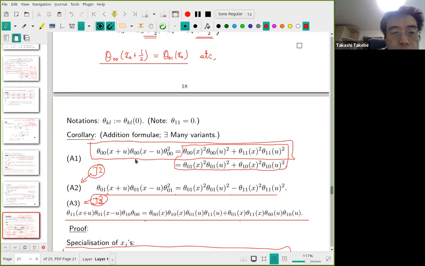For example, this gives theta 0, 0 for x plus u times theta 0, 0 for x minus u can be expressed in terms of theta functions with arguments x or argument u.